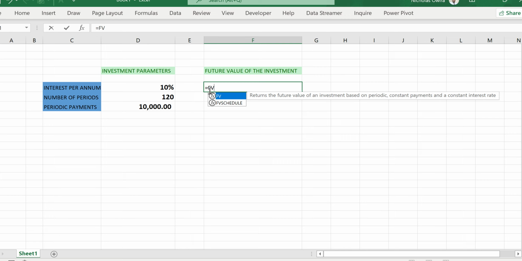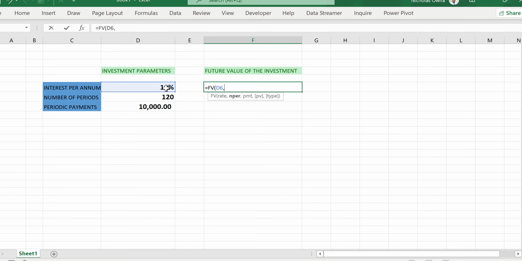Once we do this, we click on that, and we have a number of parameters going into this function. The first one is the interest rate, which in this case is 10%. We are not going to type 10%. We just click into that cell so that whenever we change that rate, maybe from 10% to 12% or to 5%, the future value of our investment also changes.